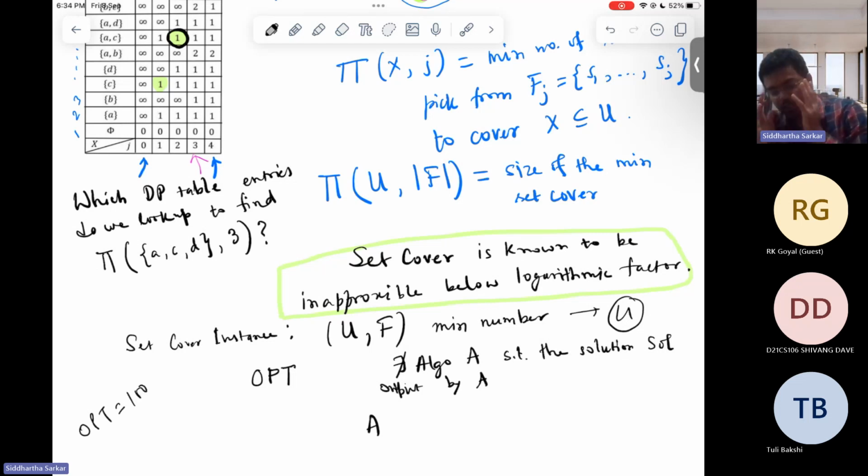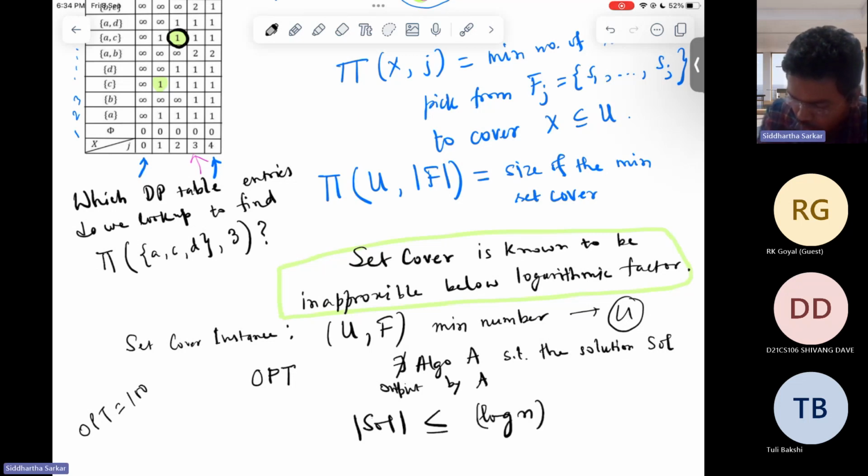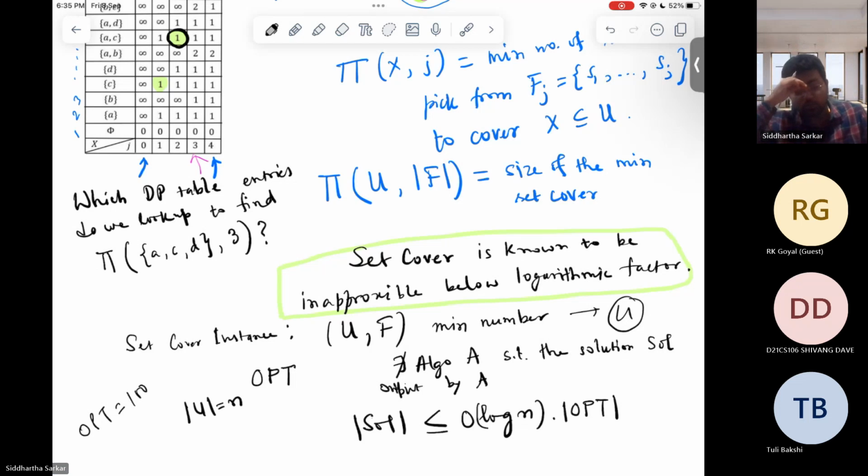What this inapproximability result is saying is that no algorithm can give a solution sol whose size is better than, less than, order log n times OPT. This is ruled out. Here n is the universe size. Just take some numbers, then it will be easier. Let us say that n is 2 to the power 10.